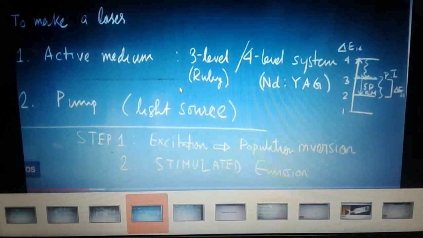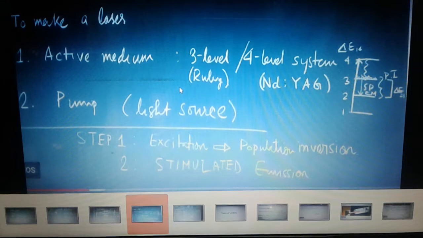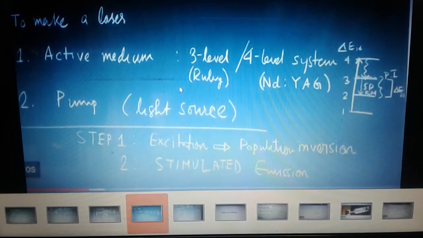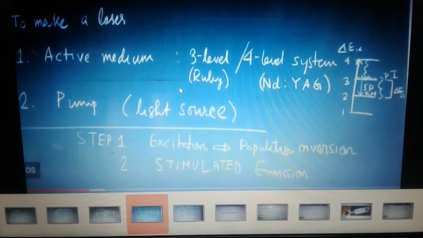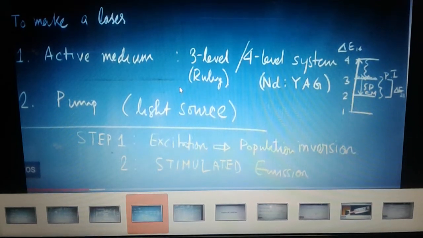So for a specific material which has a 3-level or a 4-level electronic system, and also importantly it should have a metastable state. A metastable state is that state whose lifetime is relatively more as compared to the excited state. So this active medium is required to achieve the condition of population inversion.